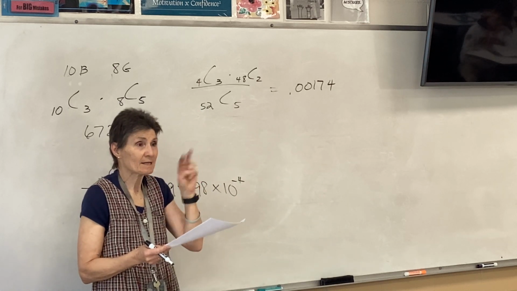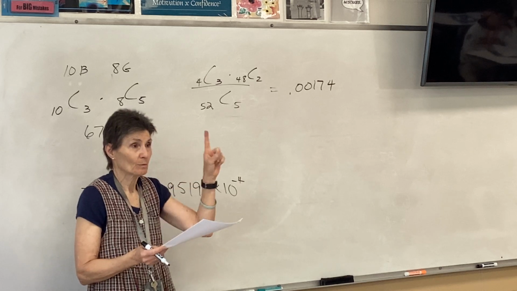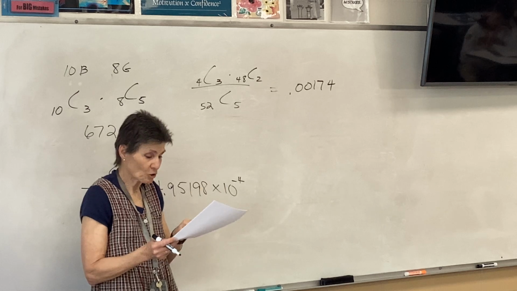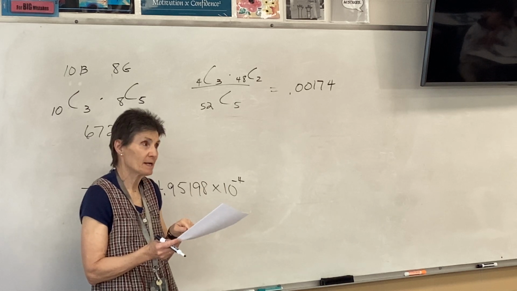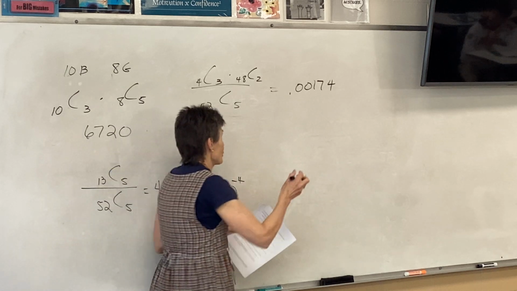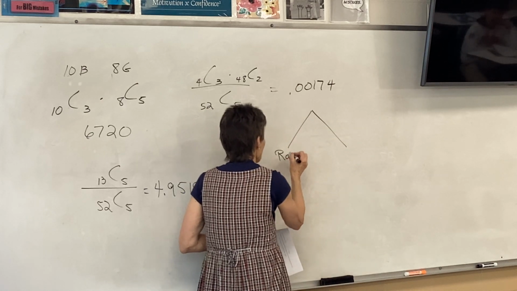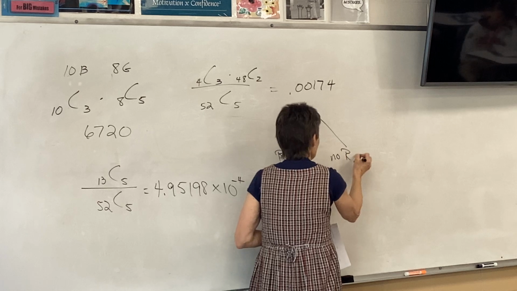What are the two things happening in the problem? Rain and tennis. The question is, what's the probability I'll play tennis? So the first level of the tree is rain and no rain.